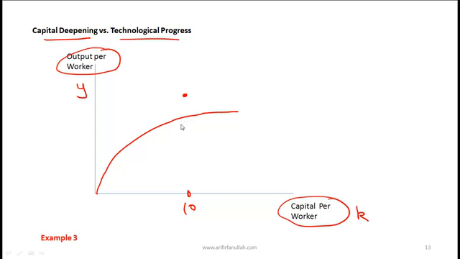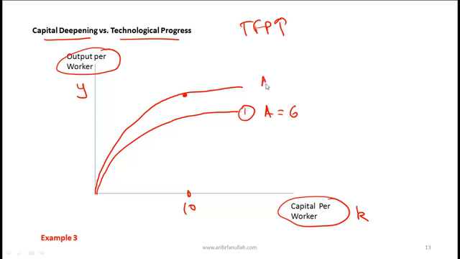So what we are saying is that with technology or increase in total factor productivity, the production function shifts up. So then we can have something like this. This is our production function 1 with technology equal to, just pick a number, 6, and if A increases to 7, then we have a new production function which is higher.